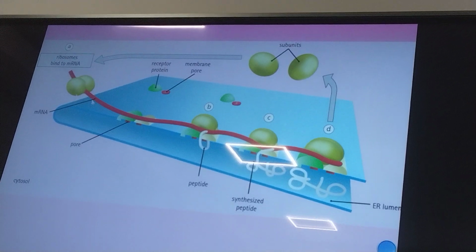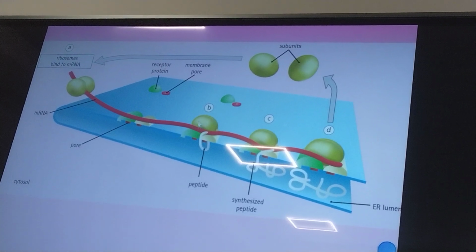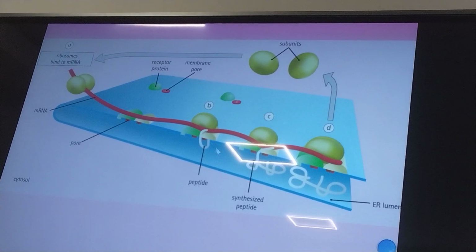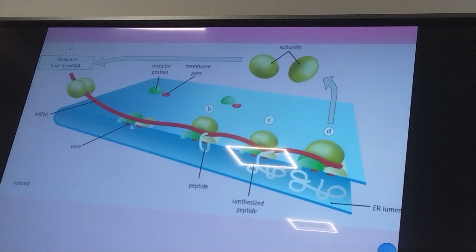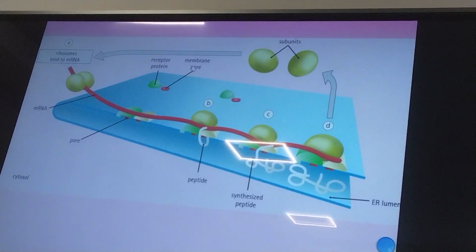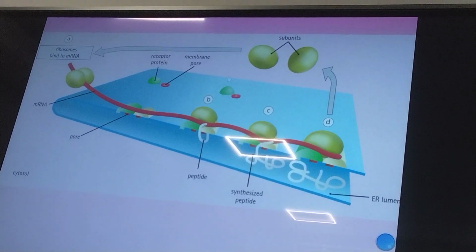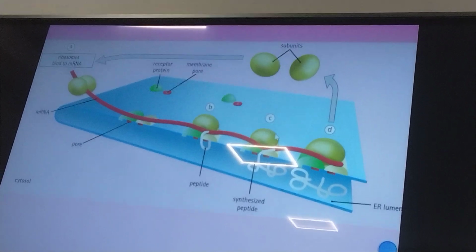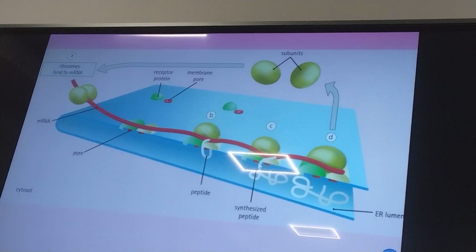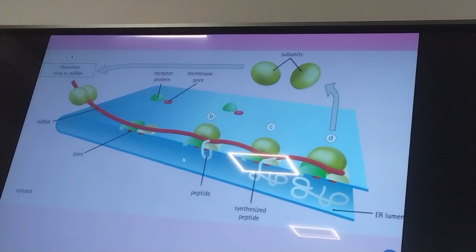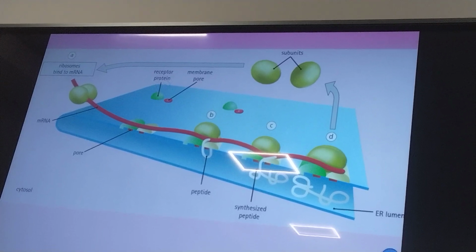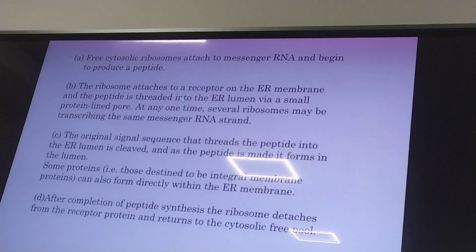Okay, and then when the protein amino acid chain is building, look, this peptide is threaded through the membrane pore. Okay? Once the peptide is synthesized, then it is removed, and ribosomal subunits are also removed from the surface of the rough endoplasmic reticulum. Also remember those receptor proteins and membrane pore.